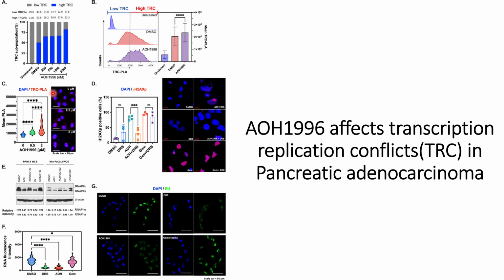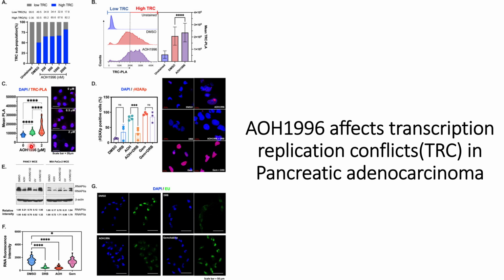These immunostaining images show the increase in the TRC PLA within the cells. Within the nucleus, the signal for this TRC PLA is low at 0 micromolar, but it increased at 0.5 micromolar, and it further increased at 2 micromolar, indicating that there is an increase in the TRC with increase in the AOH concentrations.